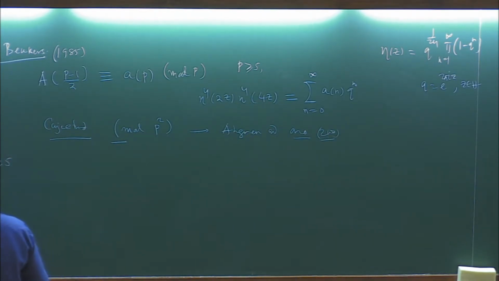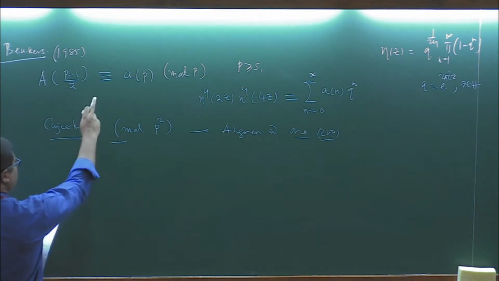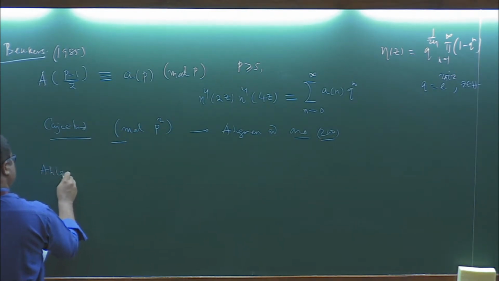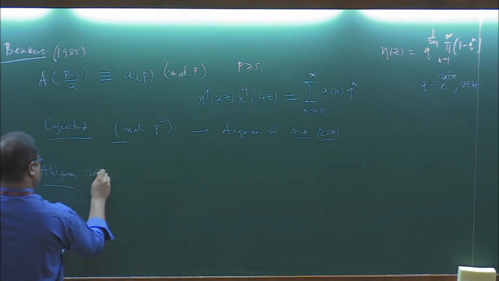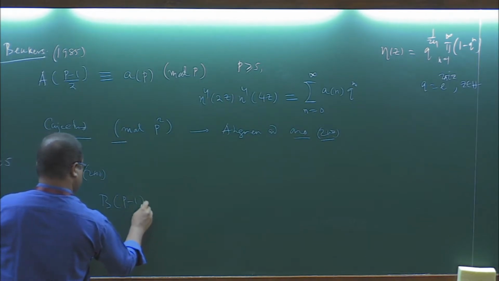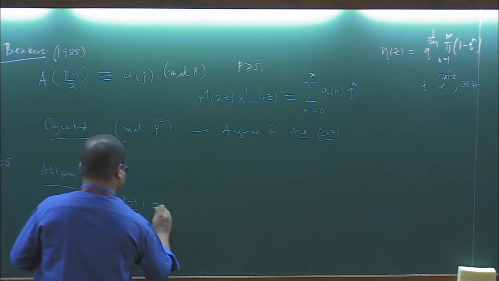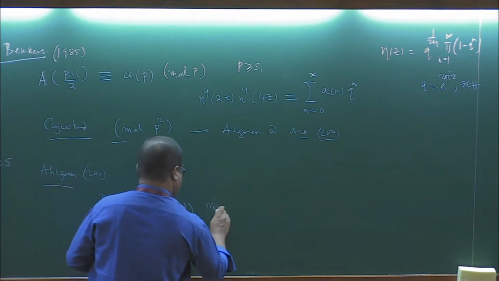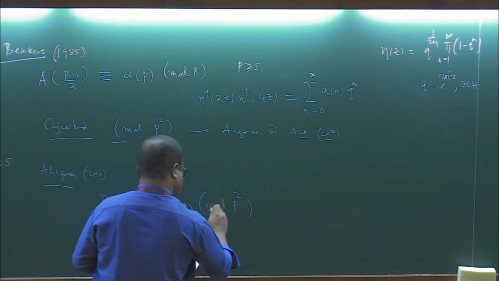Okay, so similarly, a similar modular congruence is also true. This is proved by Ahlgren in 2000, that B at p minus 1 over 2 is congruent to the pth Fourier coefficient of a modular form.